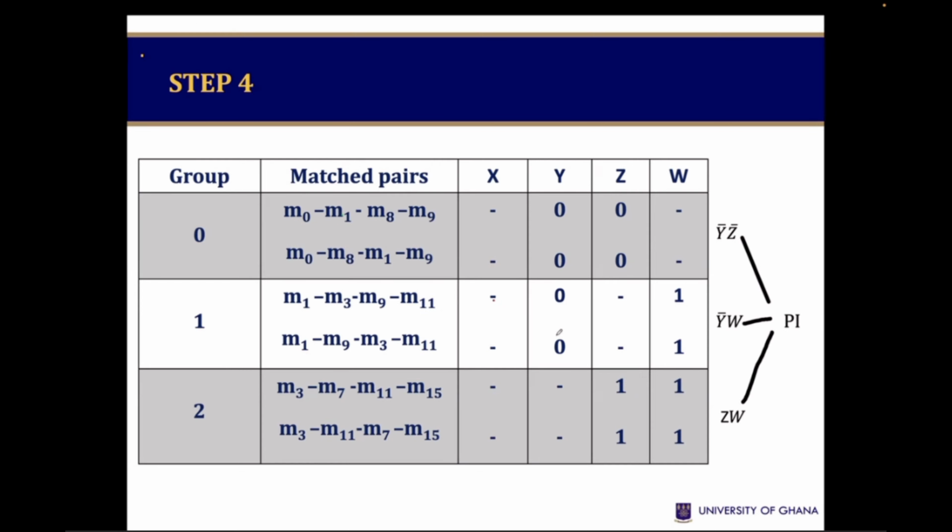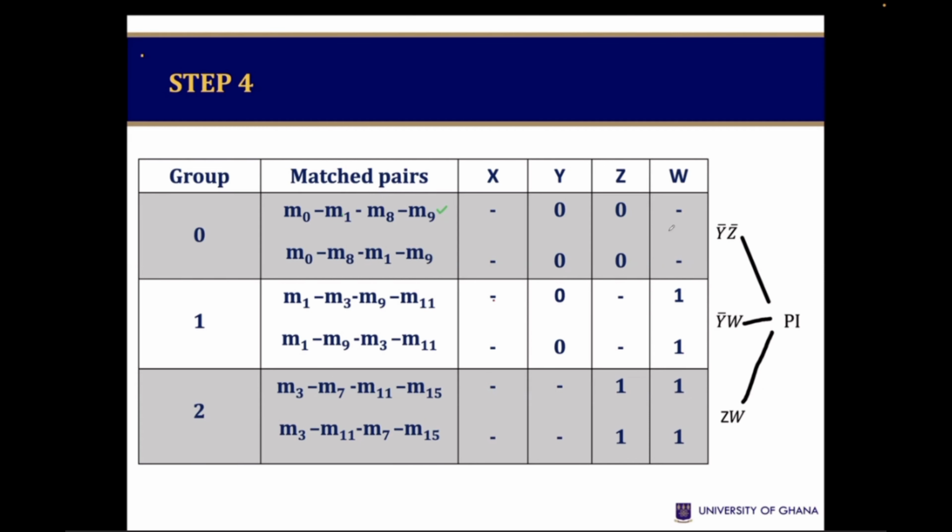From this final table, if you look at the match pairs, they have the same min terms: M0, M0, M1, M1, M8, M8, and M9, M9. So it's the same thing.